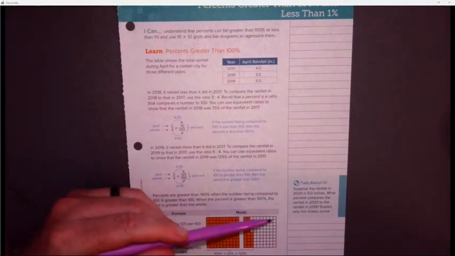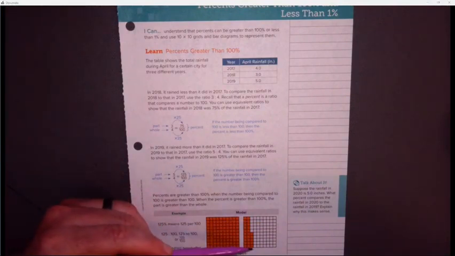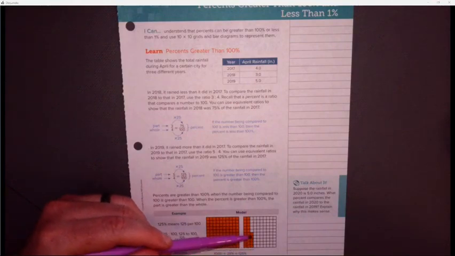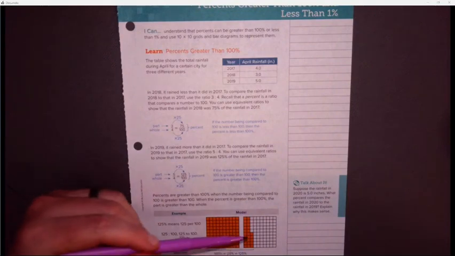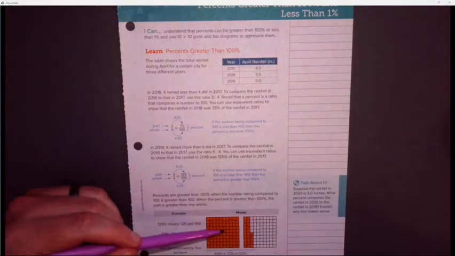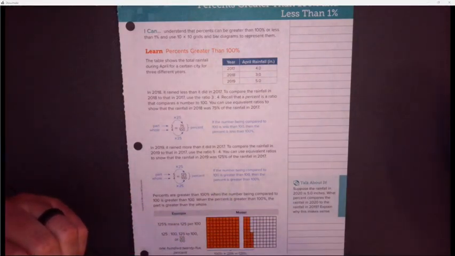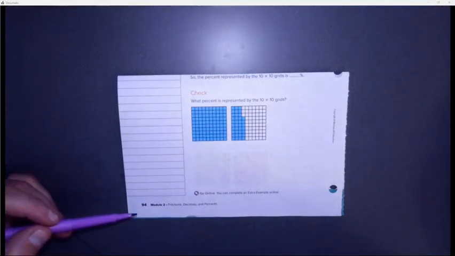And then we have a second 10 by 10 grid that has 2 columns and 1, 2, 3, 4, 5 of the next column, which gives us 25. So we are modeled with 125%.